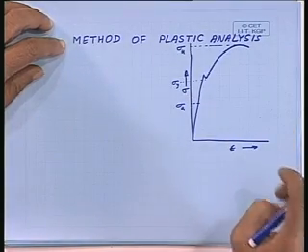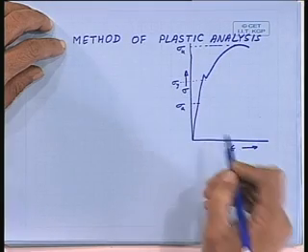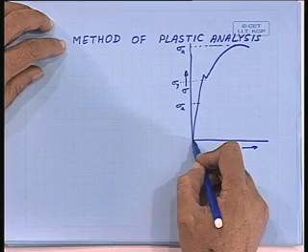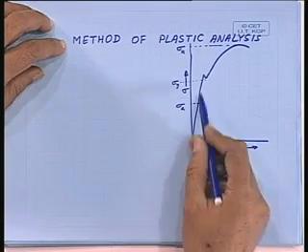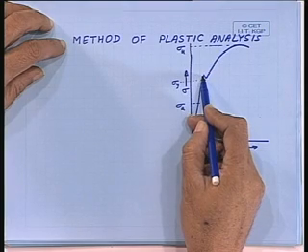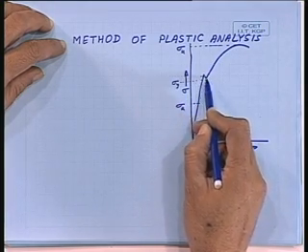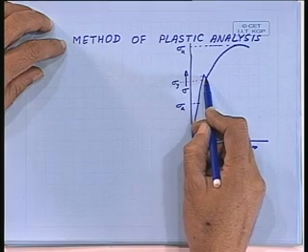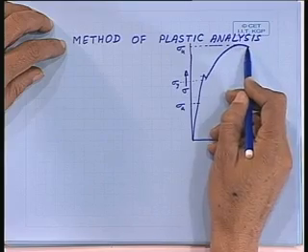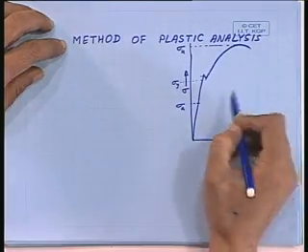The nature of the curve is typical for steel, in which as you start applying the load, the stress starts from 0 and more or less goes linearly up to a point known as the yield point stress. Then there is a small jerk here, and then again it goes in a non-linear way up, and then it follows a downward trend.